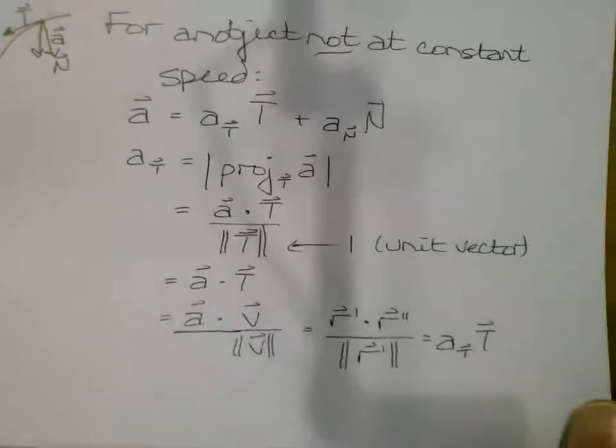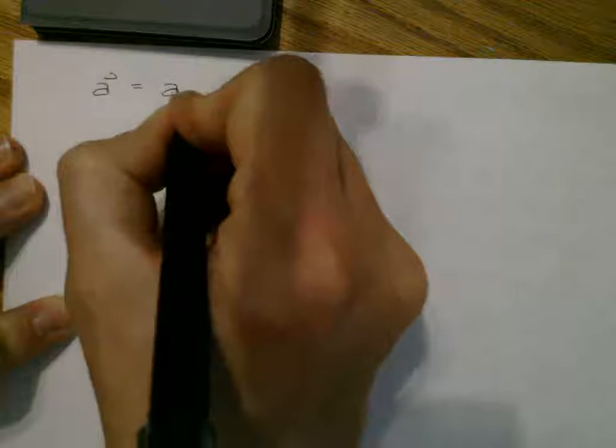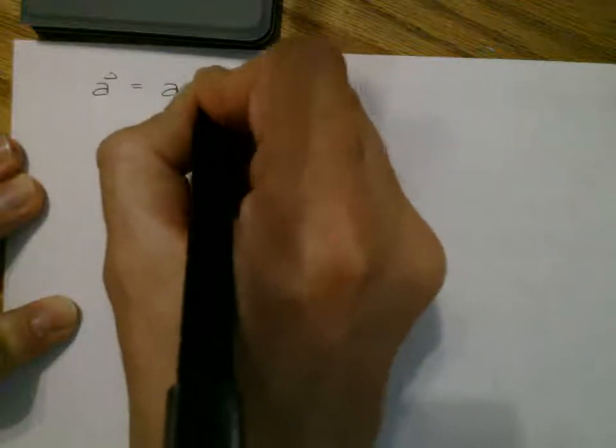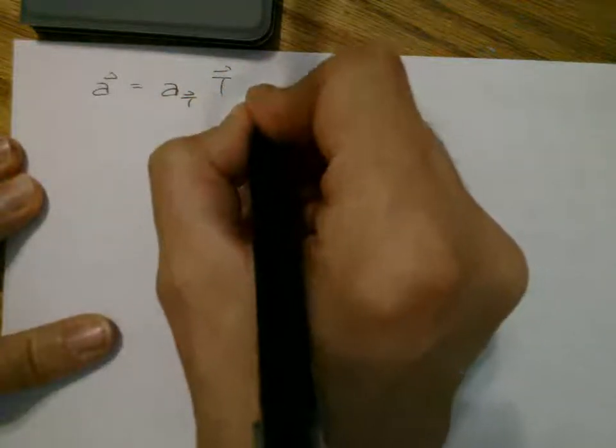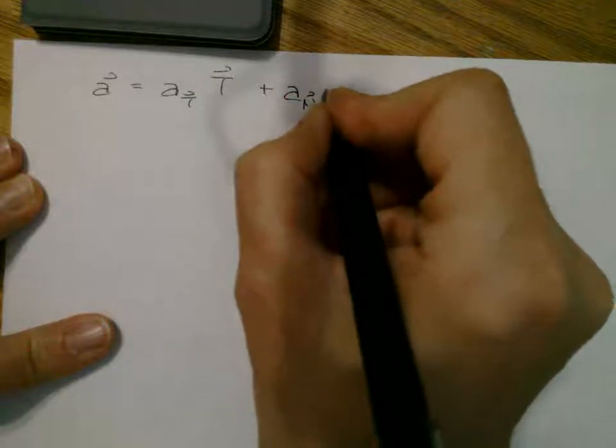For the normal component, we could subtract. We could try. Might be messy. And it also might be convenient to be able to find it in its own right and not have to go through finding the tangential component first. So I'm going to come back to this thing that we said. The acceleration consists of a tangential component and a normal component.